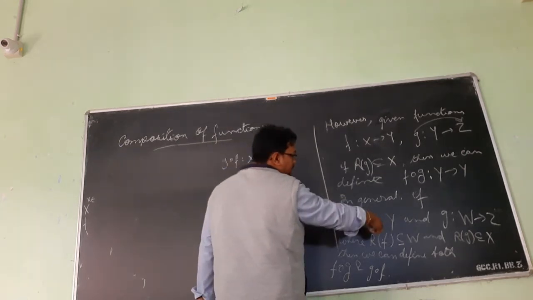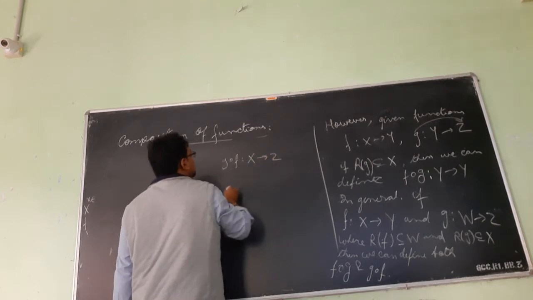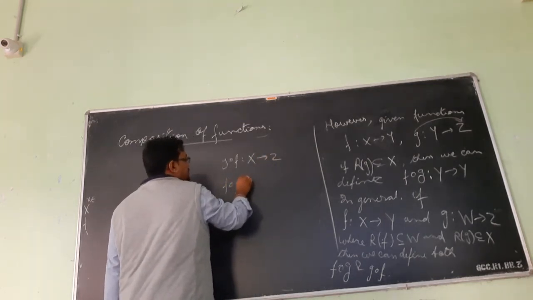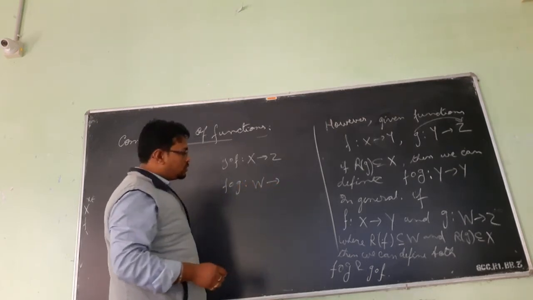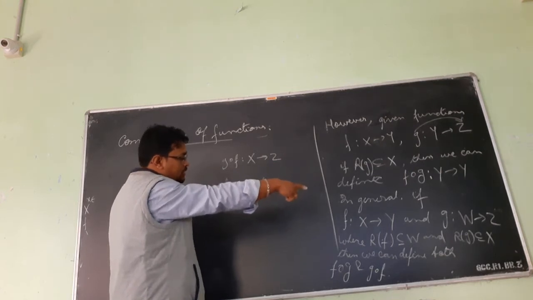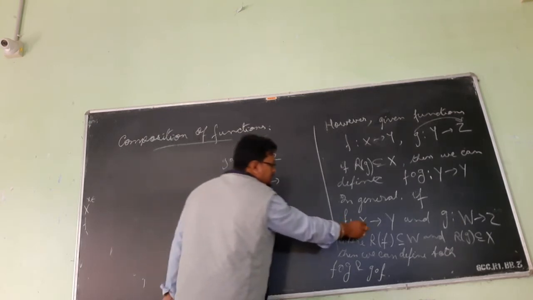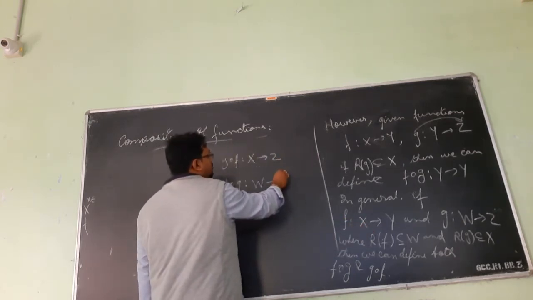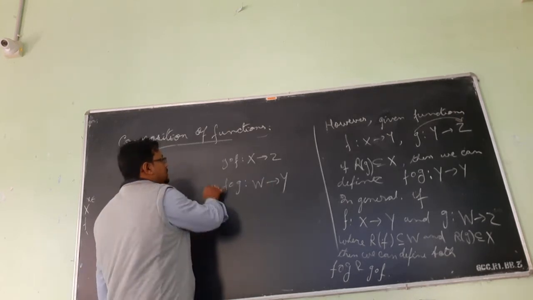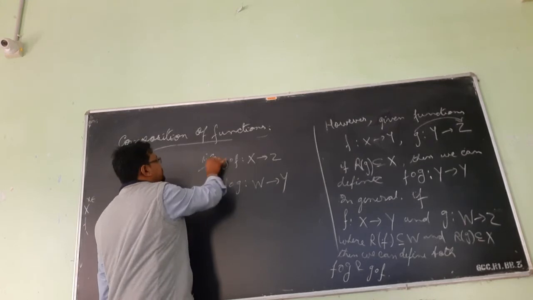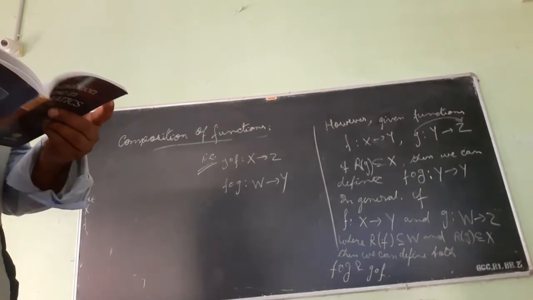From x it will go to y, from y it will go to z, so it is a function from x to z. And f∘g starts from w, goes to z, and since that range is a subset of x, from x it goes to y. So f∘g will be a function from w to y. This is the condition under which we can define composition of functions.